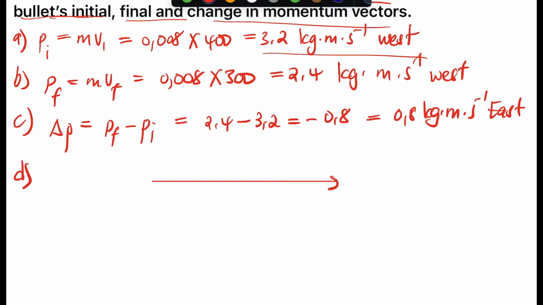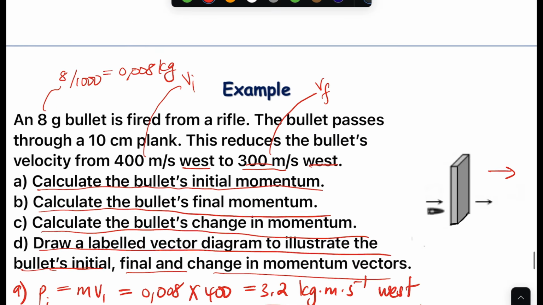Let me not draw it in that way, because it's going to the west. The west is in that direction. So it's P initial. It's west, 3.2 kg meters per second. Right, we chose west as positive.